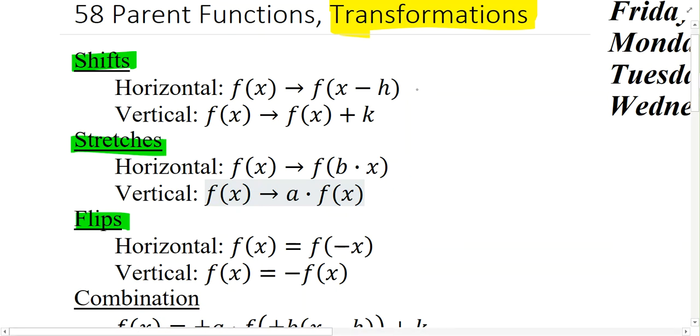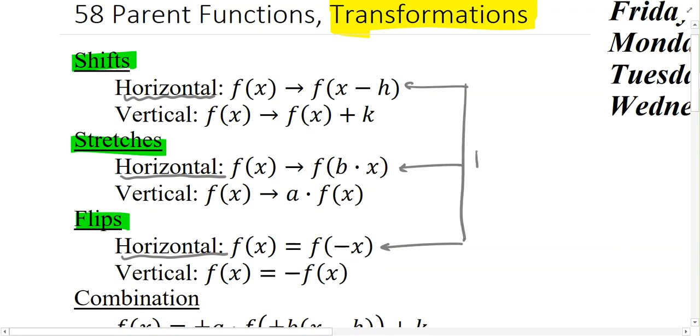Now hopefully you've started to notice or you recall these similarities from another class. Anytime we want to perform some sort of horizontal transformation to a function, those all occur on the inner portion of the function, the inside of a grouping symbol.